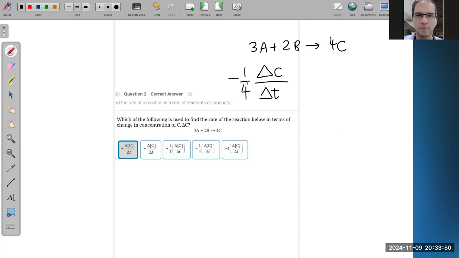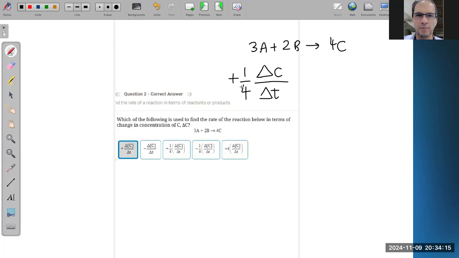When we do the calculation, for C it's positive, because in the beginning it's 0 and at the end it increases, so it should be plus. Why is he saying like that?